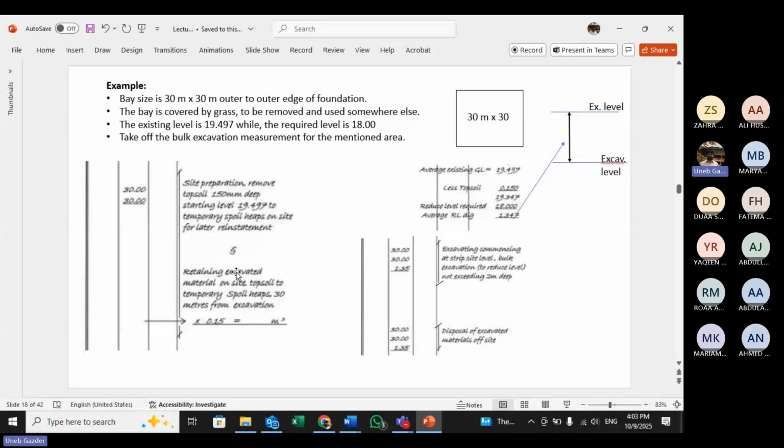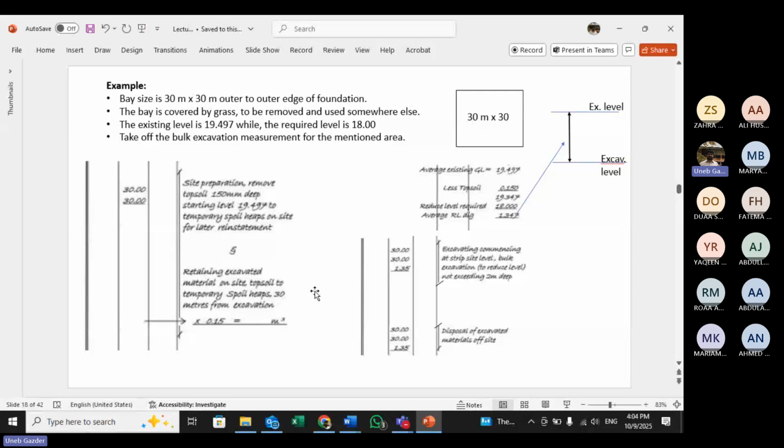One thing which you can see here, the topsoil when it is excavated, it will not be removed immediately from the site. When any excavation is being done, your labor is busy with that, and you may have trucks which are doing something else.